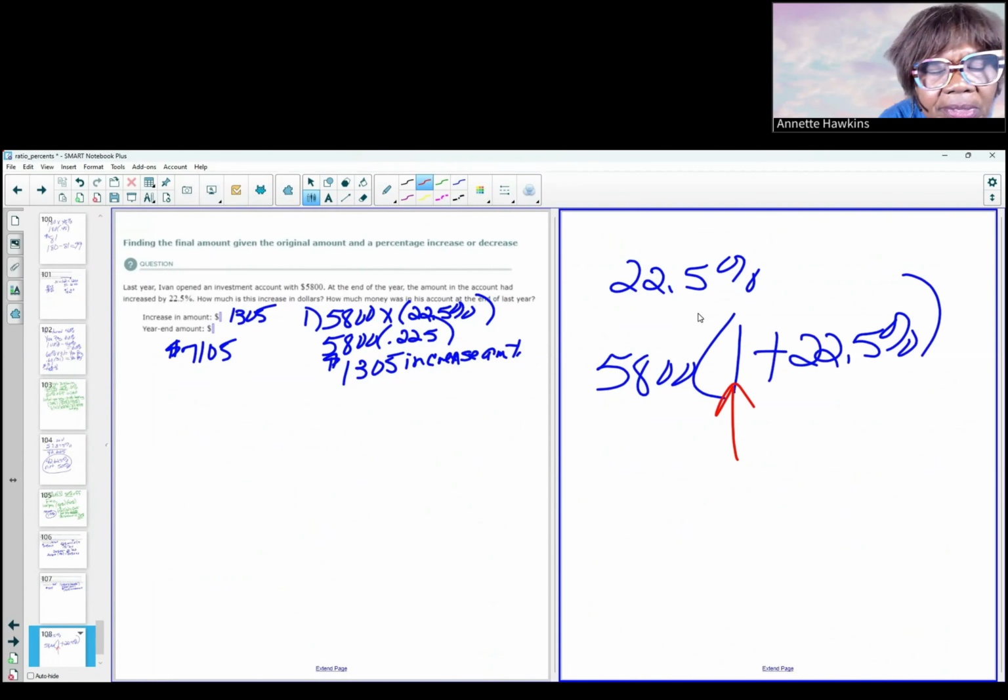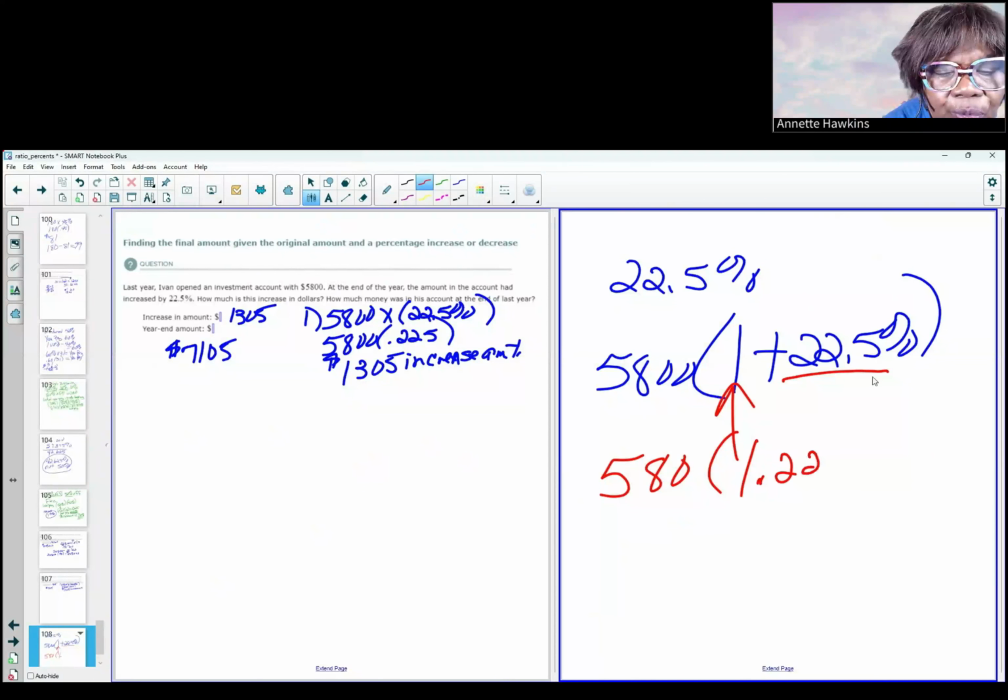The 1 represents the original amount, and then this is how much we have. So it's going to be 5,800 times 1.225. So let's see what we get. So the new amount is 7,105.